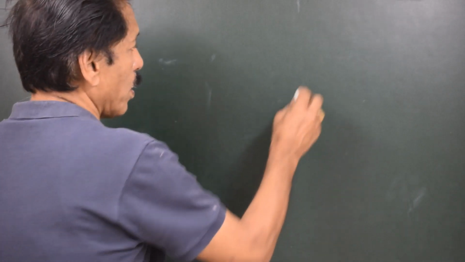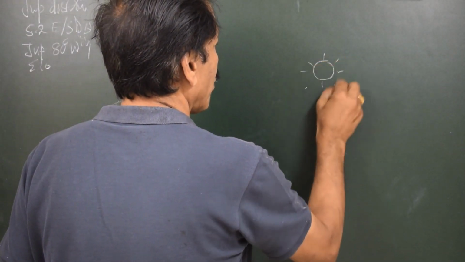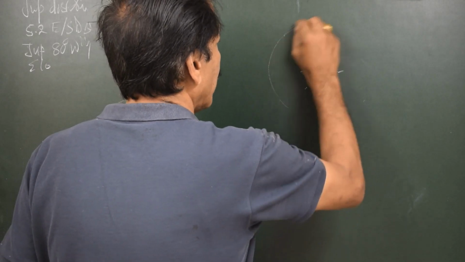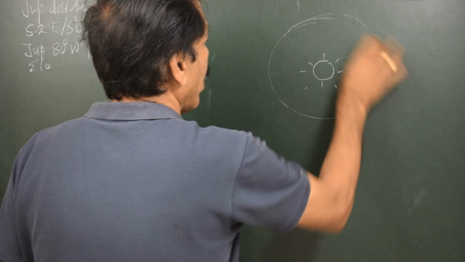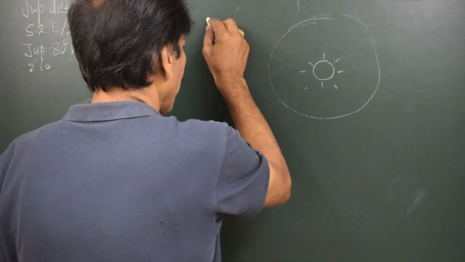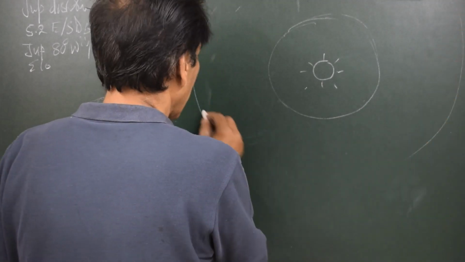80-degree westerly elongation can be understood in the diagram as follows. Suppose this is the Sun, and let's say this is the orbit of Earth, and then suppose this is the orbit of Jupiter.